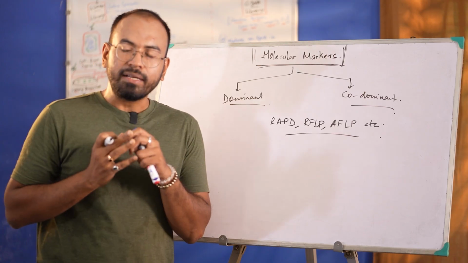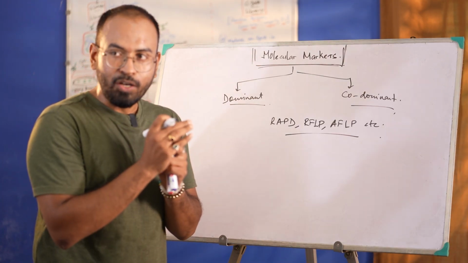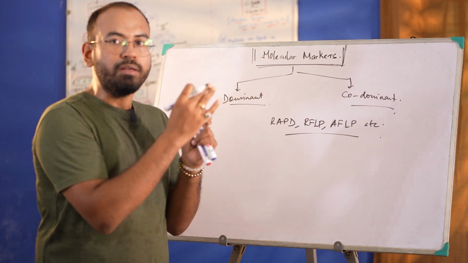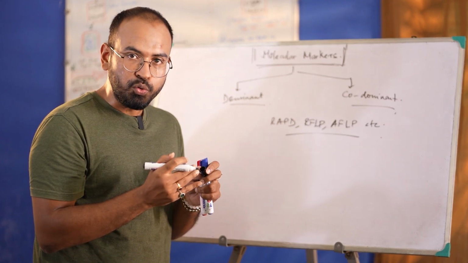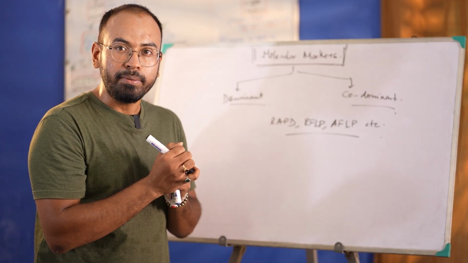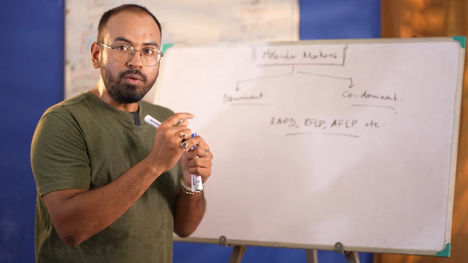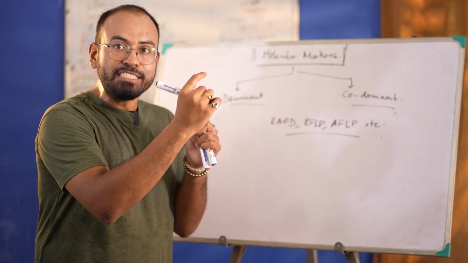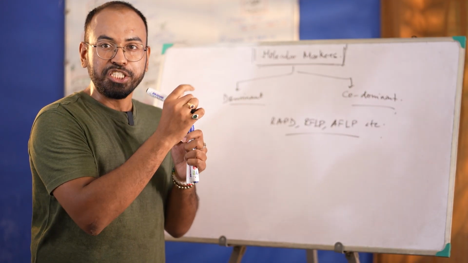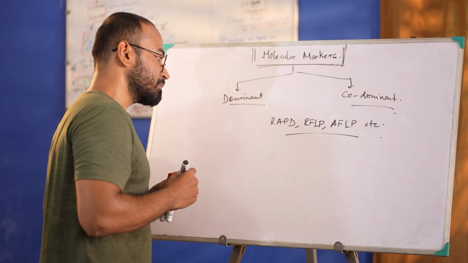In today's topic, we will discuss the basic aspect of which among these molecular markers belong to the dominant type and which belong to the codominant type, and based upon it we will analyze how the difference in these molecular markers is established. Now let's dive deep into it.